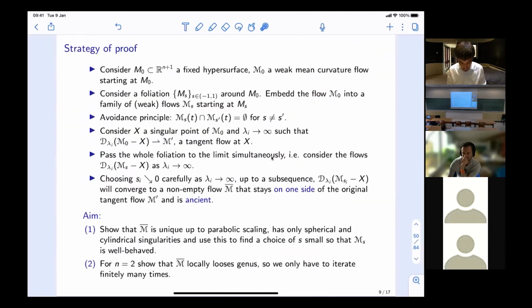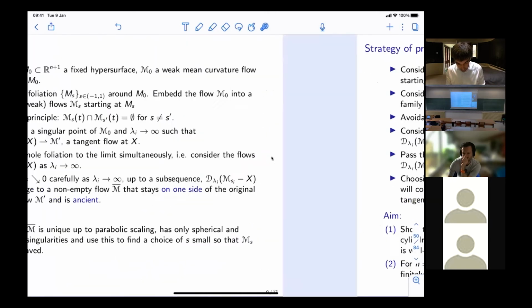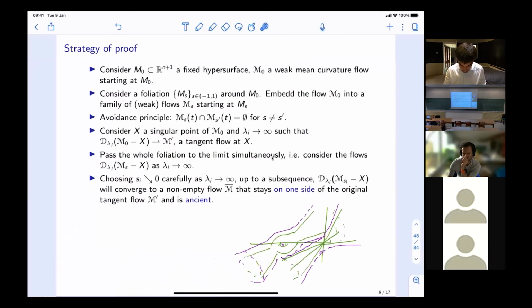If you have two-dimensional surfaces, you can prove that this guy here actually is star-shaped at time 0. That's what we can prove. This flow on the outside is star-shaped at time 0, and it has no genus. So this guy has genus, that we know by the result of Brendle. So this guy will have genus at large negative times, but to go from here to here, it has to lose genus.